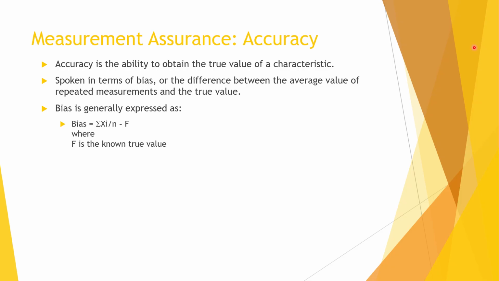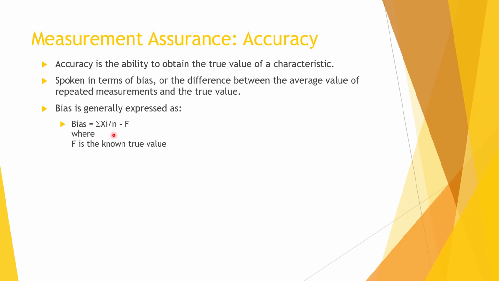This is how bias is generally expressed, where F is known as the true value. And what is this? This is the observed value. The observed value takes into account two factors: the measurement system itself, the tool used, and whoever the observer or the appraiser is, and the mistakes and errors they can make when they're measuring it.